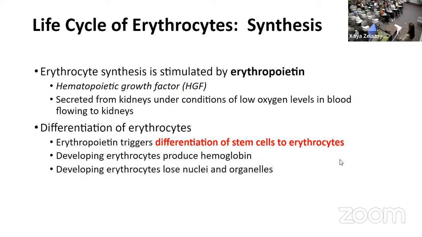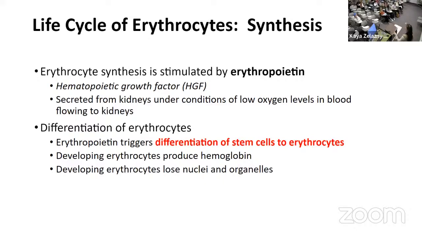Okay, so that's kind of our job for today, is to understand how we're making these red blood cells and how we're destroying them, but keeping the parts that we need. Okay, so our erythrocytes are going to be ultimately triggered to grow and develop by something called erythropoietin. So that's like our signal for making these red blood cells, okay?